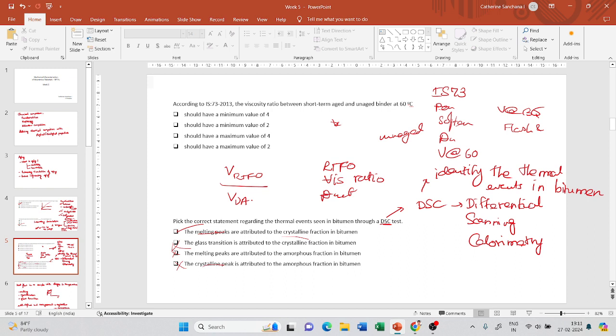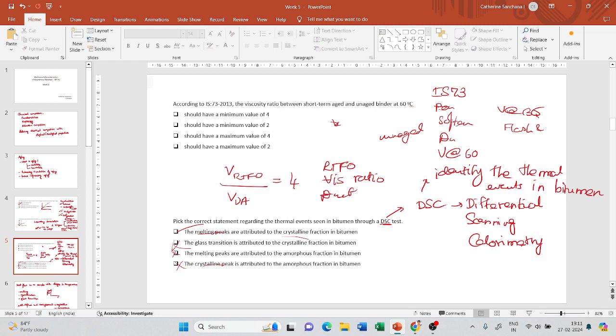So this ratio should be limited, which means it has to be below a maximum value, and that value is 4. So I'm telling you the answer now. The viscosity ratio should have a maximum value of 4. But why?